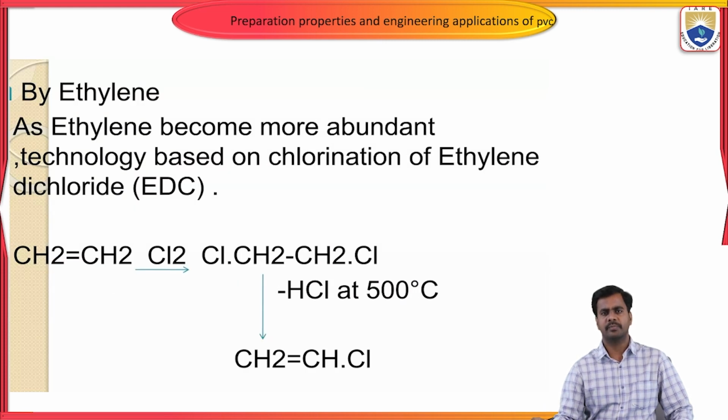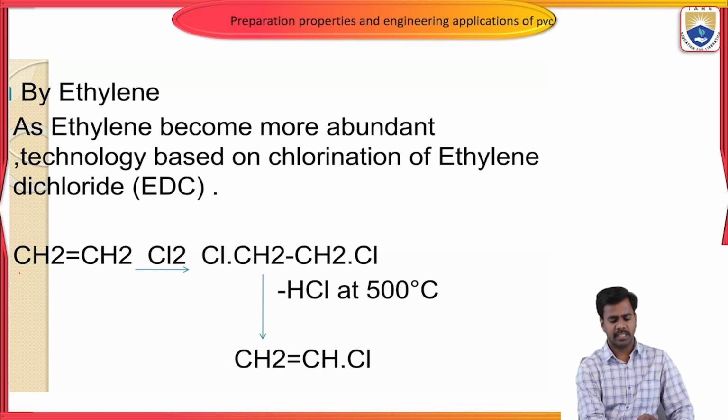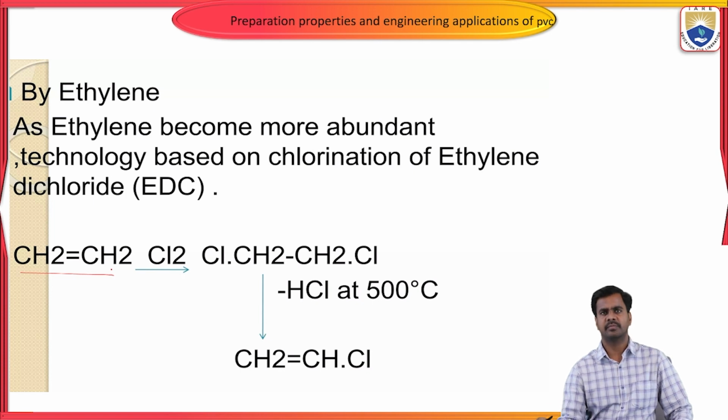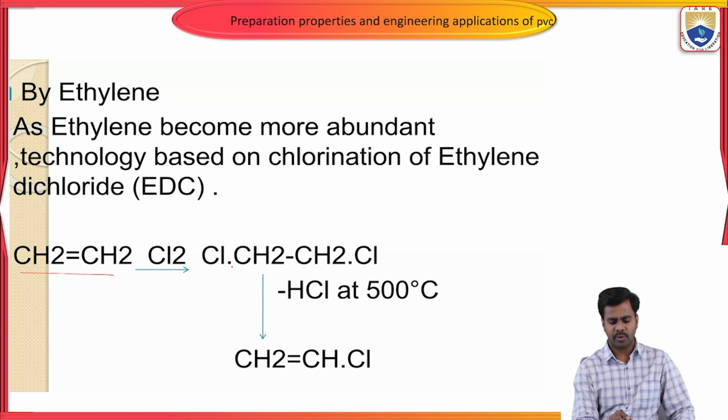And one more preparation method of PVC is from ethylene. Ethylene became more abundant, and the technology is based on chlorination of ethylene to ethylene dichloride. So ethylene reacts with chlorine and forms dichloroethane in the first step.